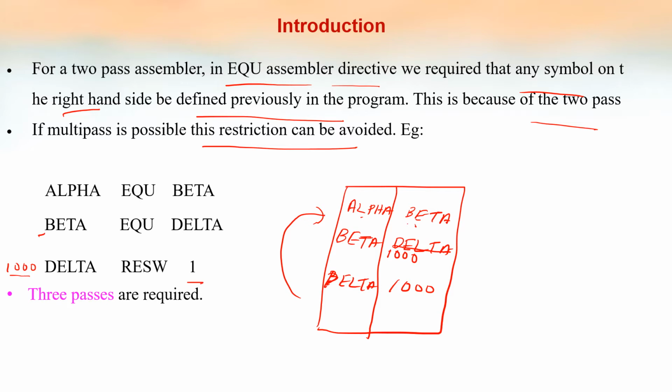Then again one more pass is required to solve alpha. Alpha EQU beta: now we know the beta value, so instead of beta we can write 1000. So we can understand that 3 passes are required to get the value of the symbols in the symbol table. More than 2 passes required means it is a multi-pass assembler.